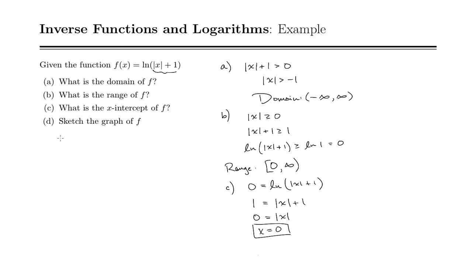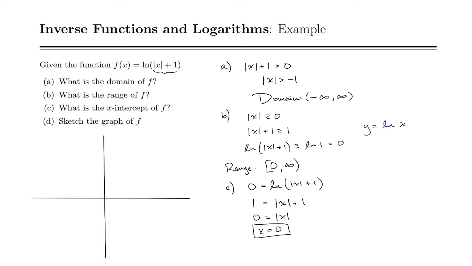And now we will sketch our graph of f. And we'll do that right here. We'll start with just the regular natural log function. So y equals the natural log of x.